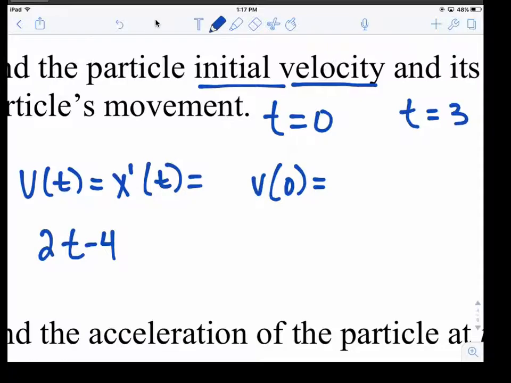And they gave you the position function. So you take the derivative of that, which was t squared minus 4t plus 3. So the derivative of that becomes 2t minus 4. So this function here is going to give me the velocity at any moment.